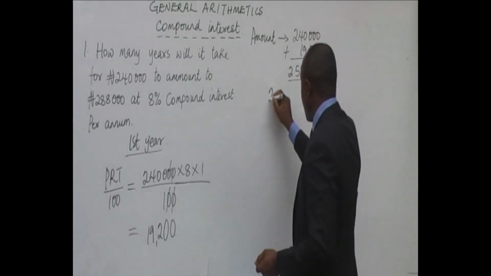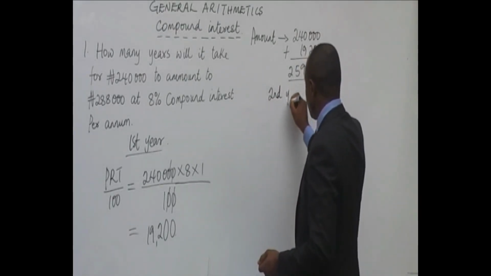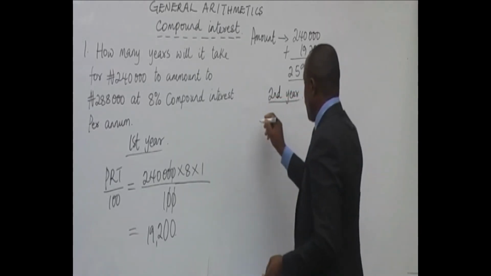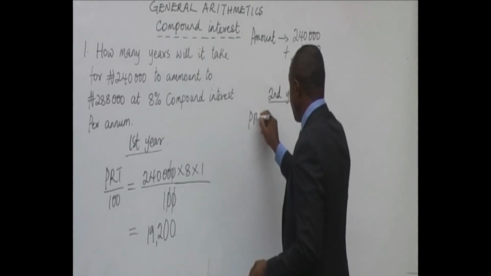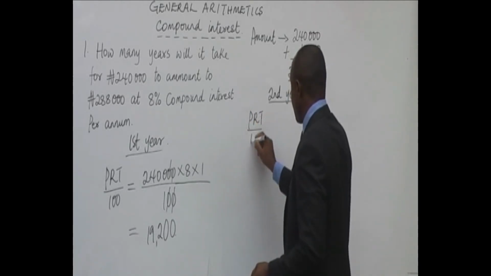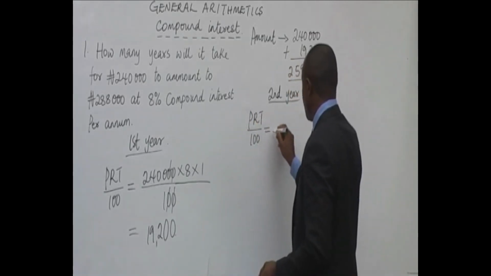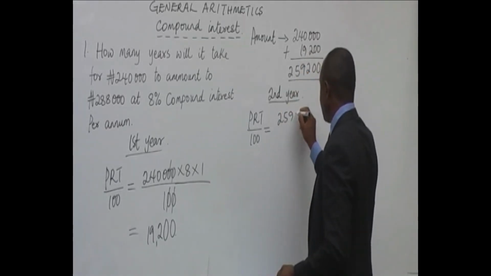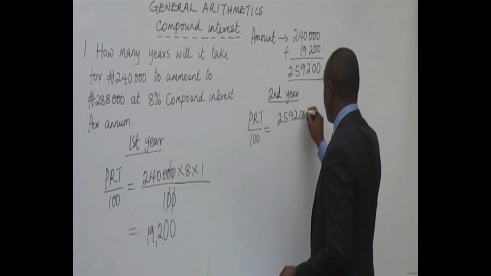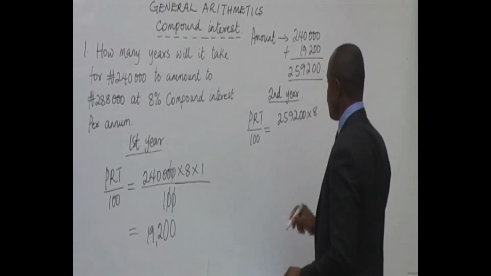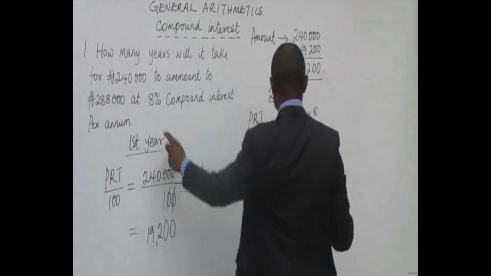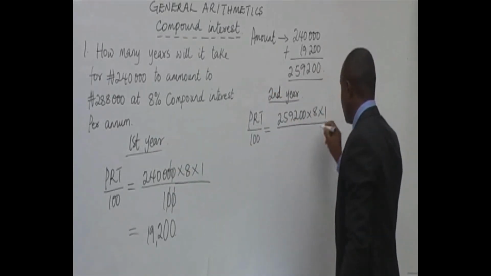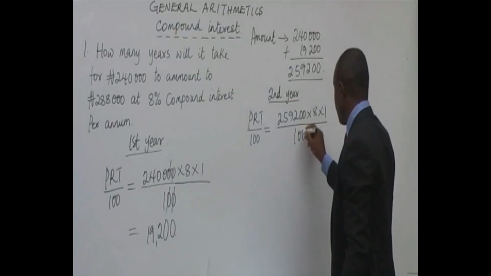So our second year now, our principal times rate times time divided by 100 is going to be 259,200 times 8, which is the rate, 8%, times 1, then divided by 100.